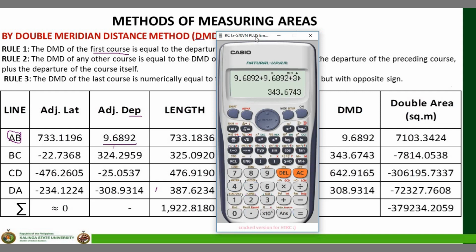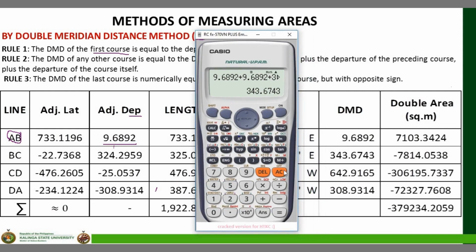That is equal to 343.6743. Nagets po ba kung paano ko nakuha ito? Yes.